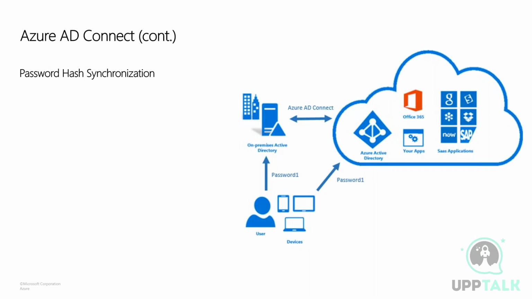There are three basic approaches over here, which I already mentioned. So first is password hash synchronization. As the name suggests, the exact value of the password is not being saved on Azure Active Directory. The password value is hashed and that hashed value is stored.